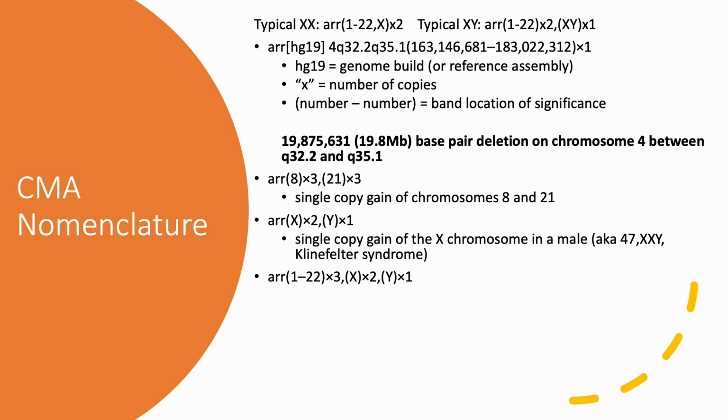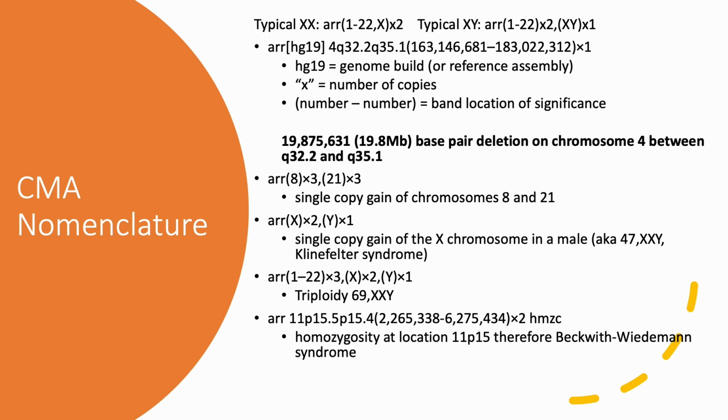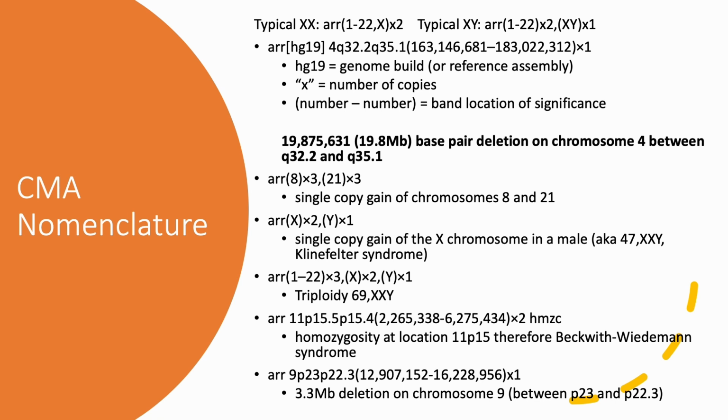When you see ARR 1-22 times 3, X times 2, Y times 1, this represents triploidy, specifically 69,XXY. Additionally, this example we see here ending in HMZ indicates homozygosity at location 11p15, which is associated with Beckwith-Wiedemann syndrome.